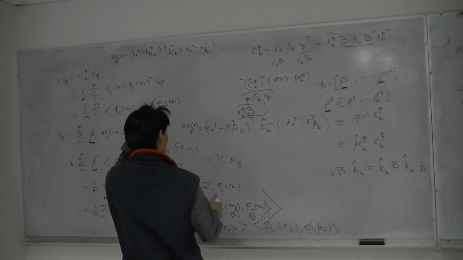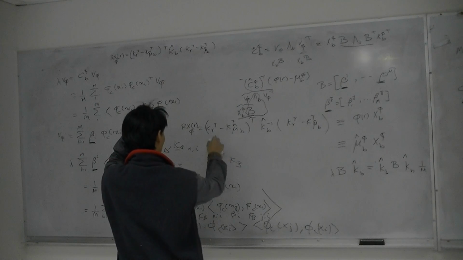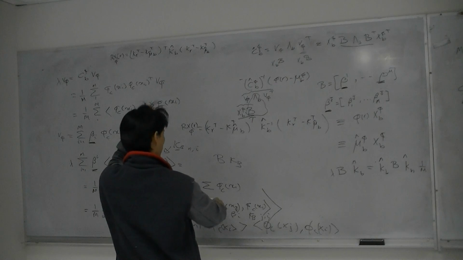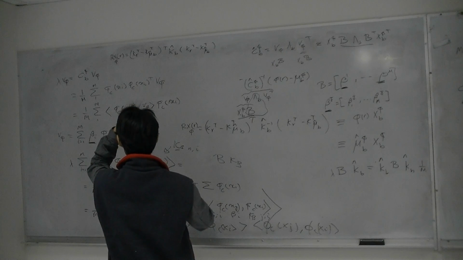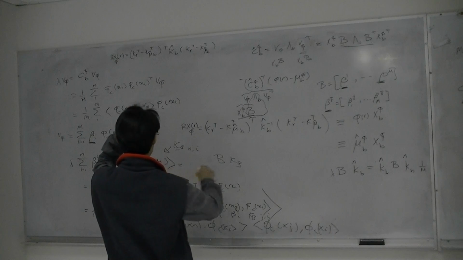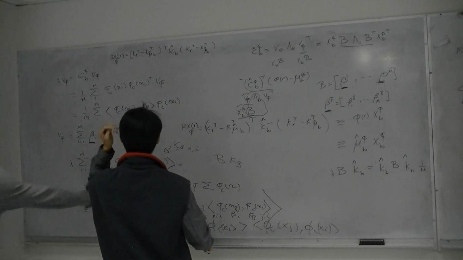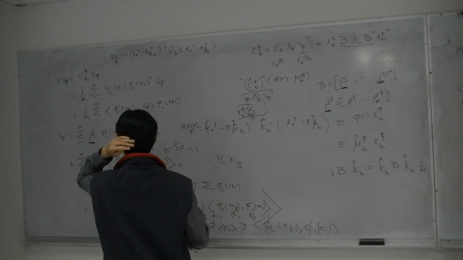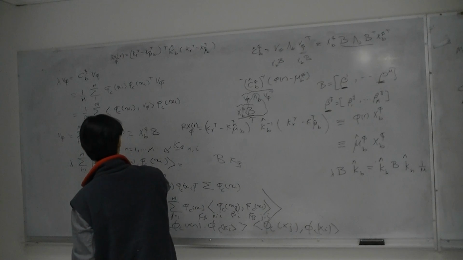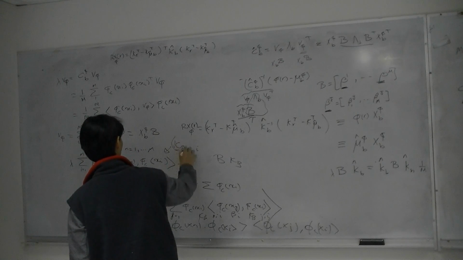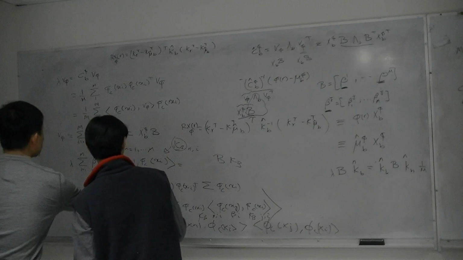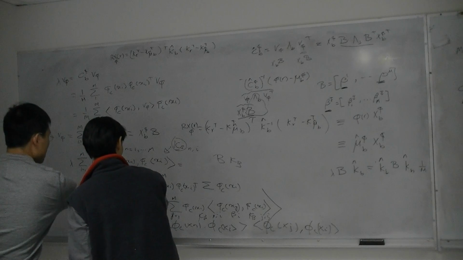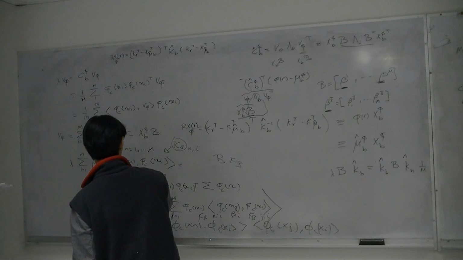So I get the whole column of that. This is symmetric, therefore it doesn't matter. This KB is symmetric. Here is also symmetric. So this should be a transpose.